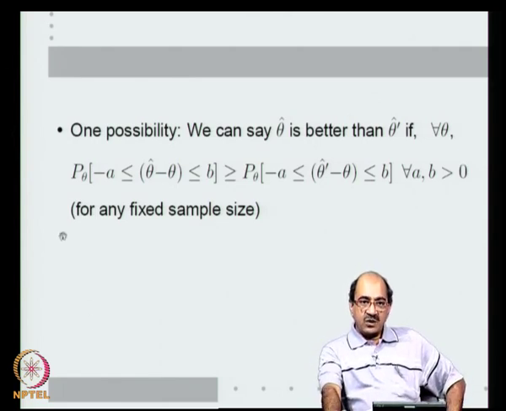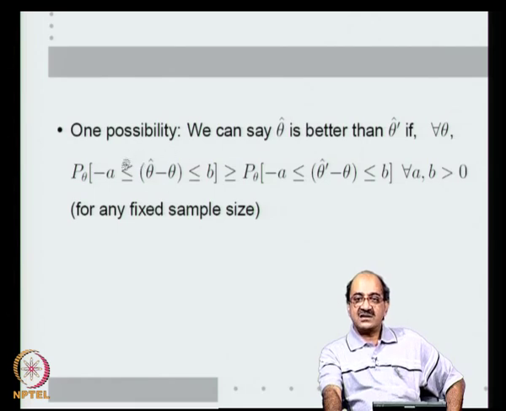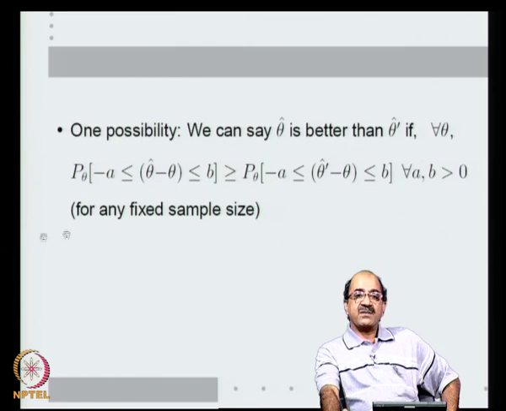I hope all of you notice that I put a subscript theta on P, which means, with respect to what is this probability calculated? The distribution of the random variable theta hat needs the parameter. So, whatever theta I assume in the distribution, that is the theta I am going to put here. This is a very strong requirement.